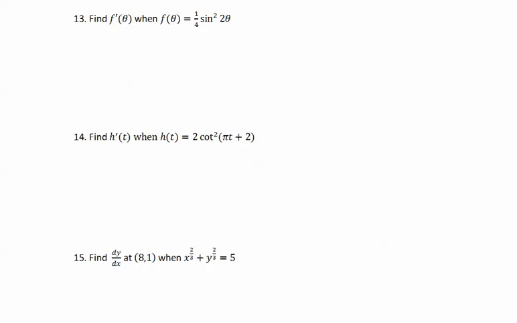f prime of theta is equal to 2 times 1/4, then sine to the first power of 2 theta.